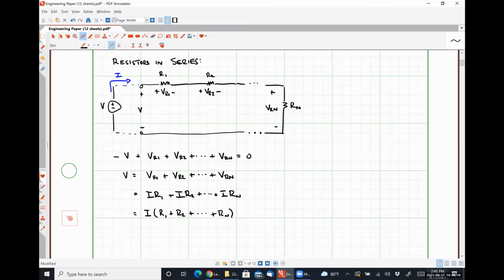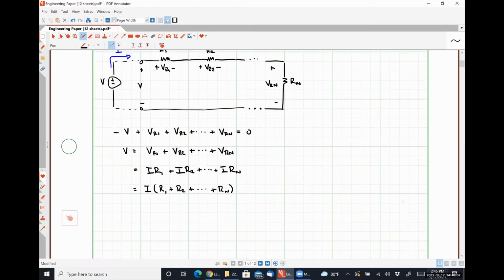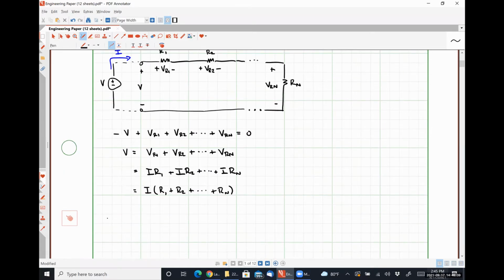So from the perspective of the voltage source, it doesn't particularly care if it's N resistors connected in series or a single equivalent resistance, because the same amount of current is going to flow either way, right? So I can define my equivalent resistance, Req, and I'm going to put comma S here to indicate that this is the equivalent resistance for resistors in series.